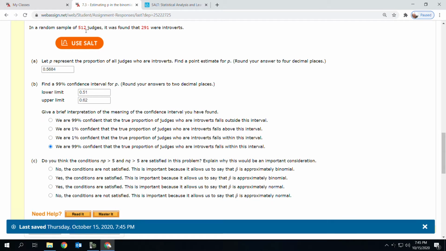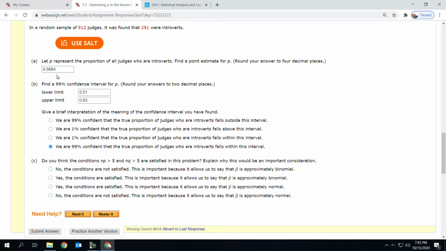Part C, do you think the conditions n times p and n times q are greater than 5? N is 512, so if we take 512 times 0.568, you get 290, well over 5. 1 minus p, 1 minus 0.5684 is 0.4316.